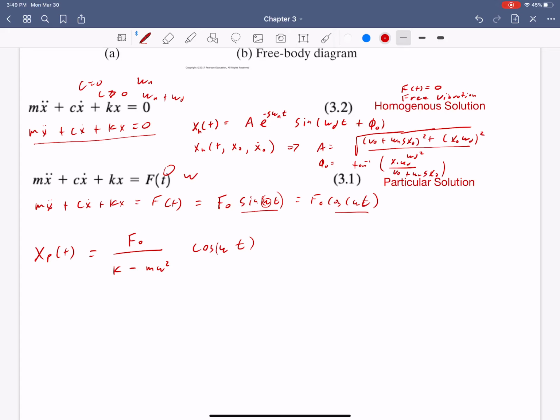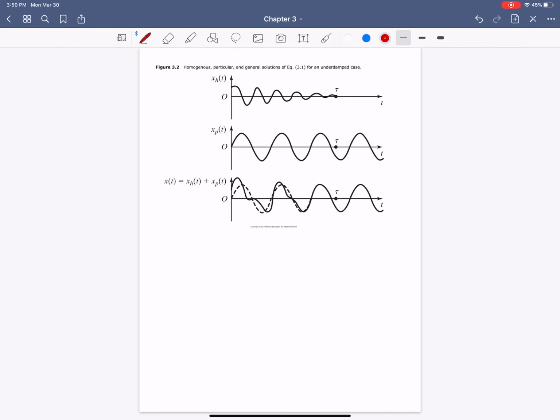You can be forcing it at any frequency you want. The world's your oyster. So now we're going to end up with omega n, omega d, and omega. And as we go along, you're going to have omega b for beats and omega r for the rotating imbalance. We're going to end up with a lot of omegas. So really make sure that you're paying attention to what omega you're putting where, because it really starts getting intense.